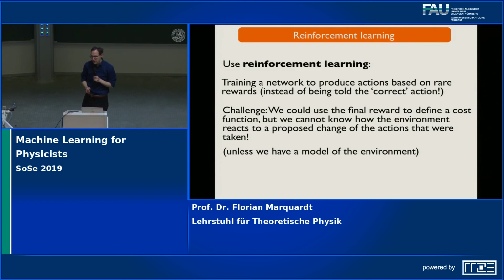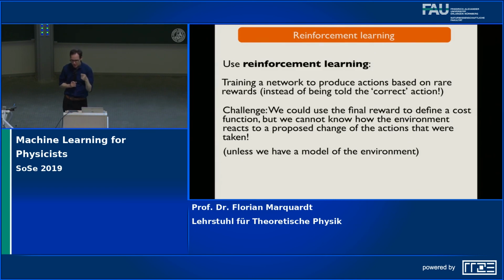But now, if I'm being told at the end of the time sequence whether I won or lost my game, or whether I achieved my goal in my environment or not, if I now want to do gradient descent, the problem is that sure, I can do gradient descent on trying to update the predictions for the actions, in order to try to modify the actions that I would have taken.